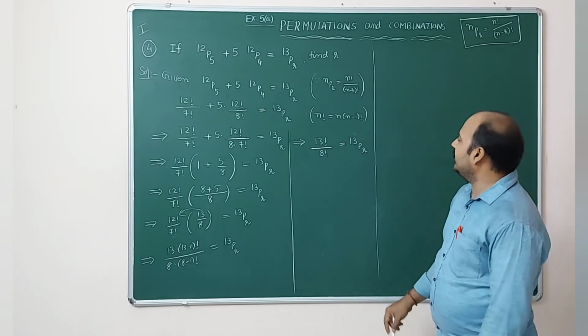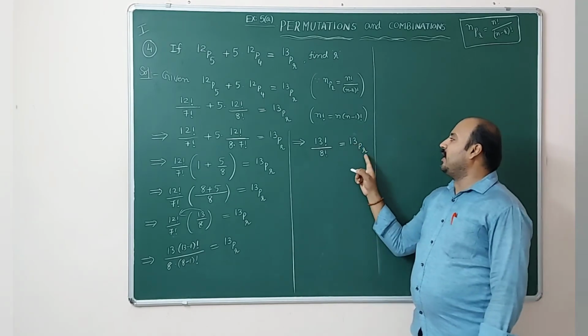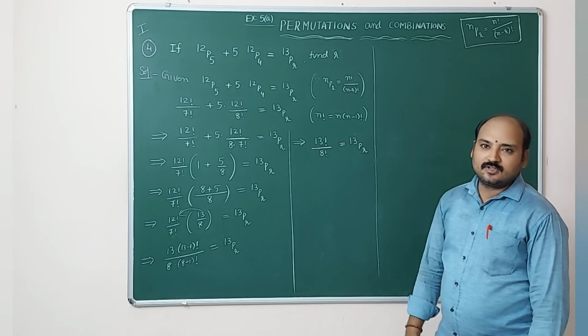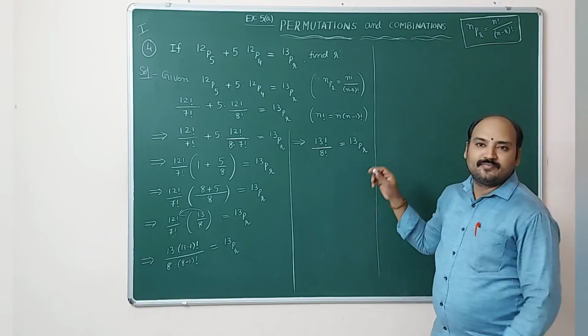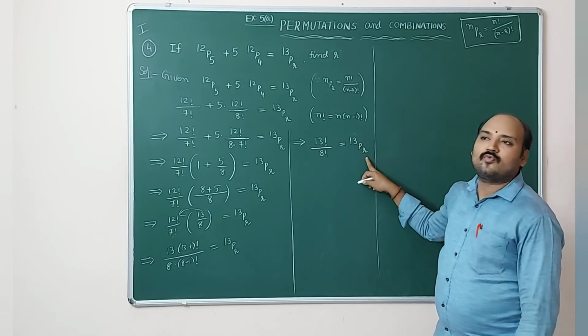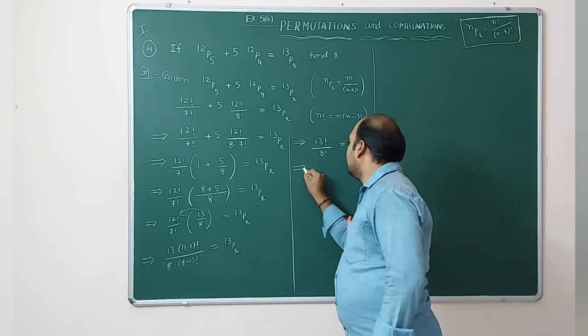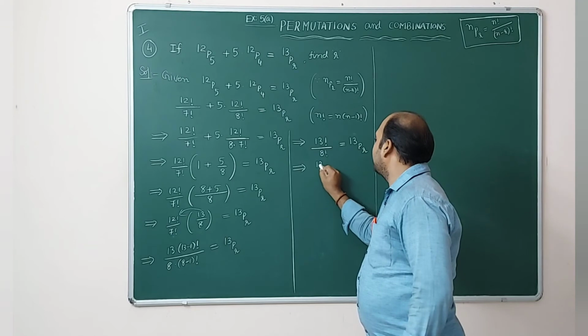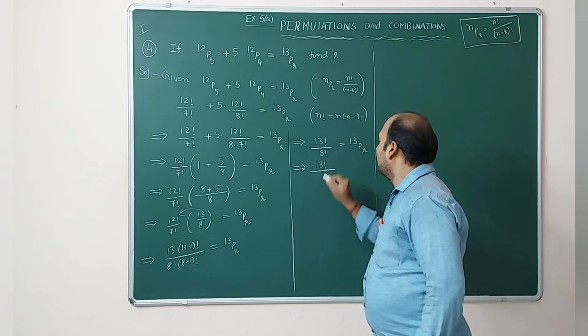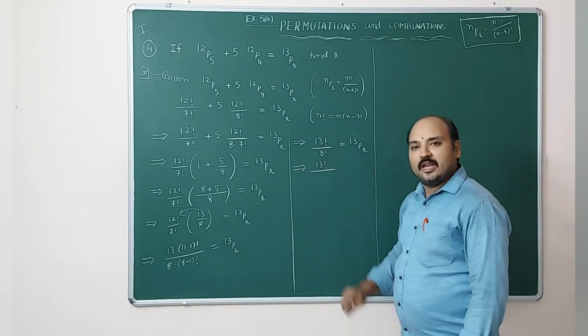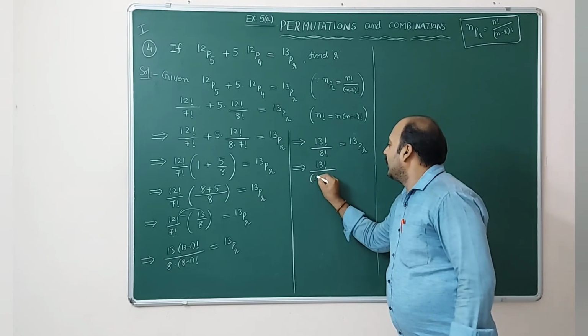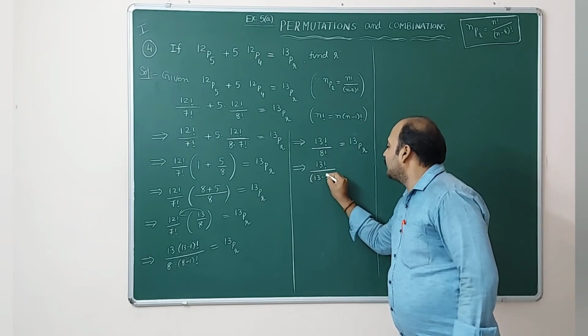So generally nPr means n factorial by n minus r factorial. So this can be written as 13 factorial by 8 factorial, which can be written as 13 minus 5 factorial.